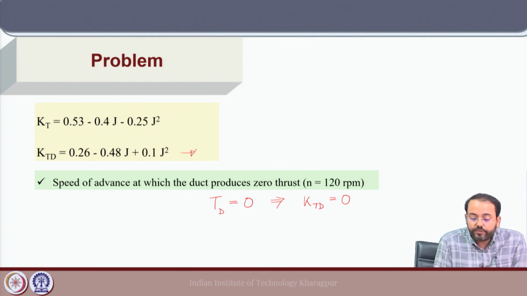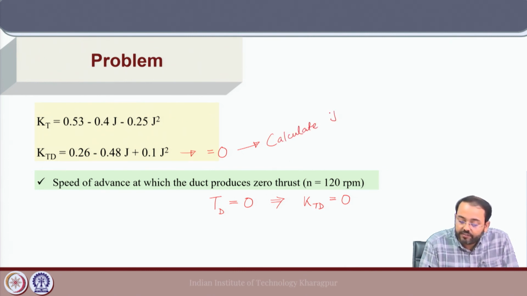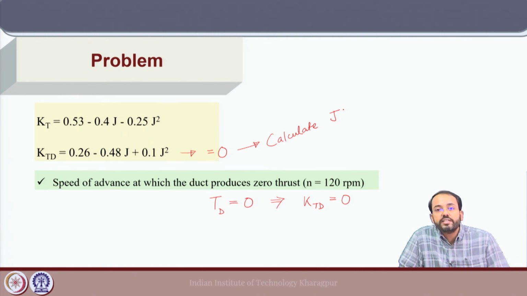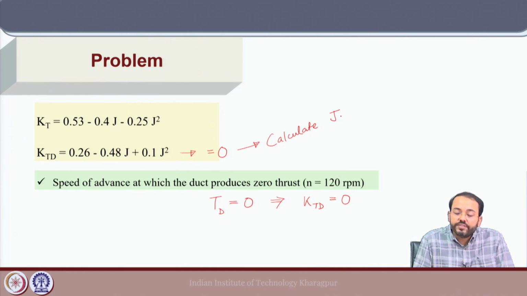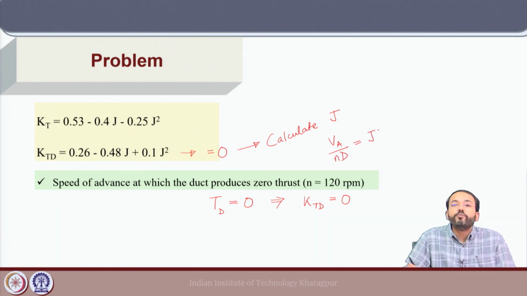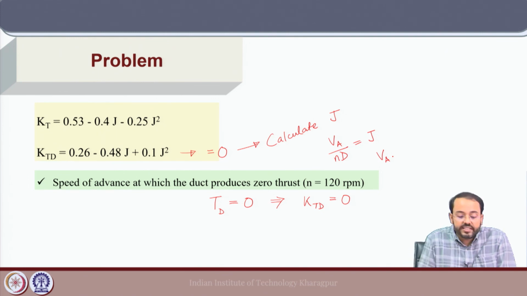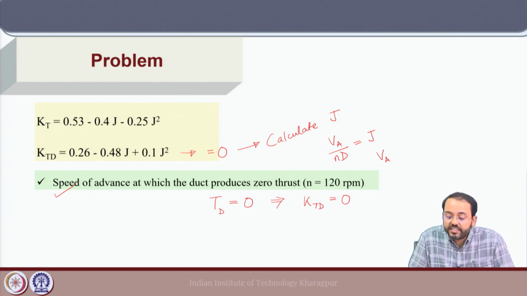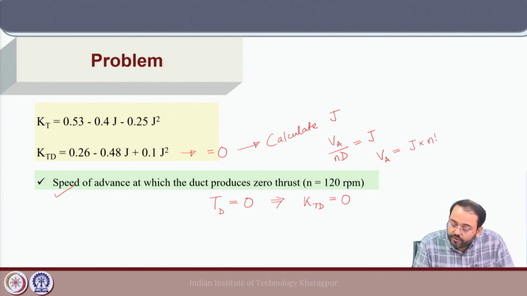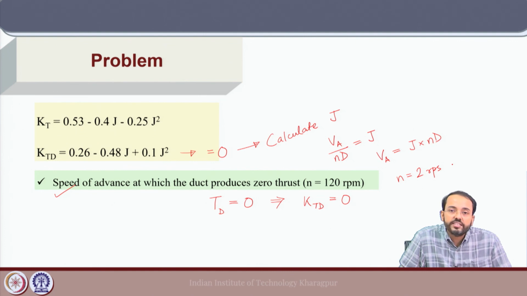So, in this particular equation, if we put this expression as 0, we can calculate the value of J by solving this quadratic equation, and from that calculated value of J, VA by ND is equal to the advance coefficient J, and we can calculate VA, which is the speed of advance as required in this problem, as J into ND, and N is 2 RPS, and the propeller diameter is also given in the problem. So, we will be able to calculate the speed of advance.